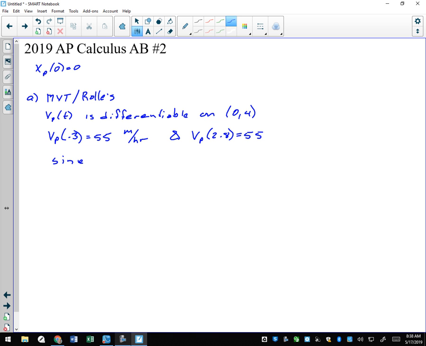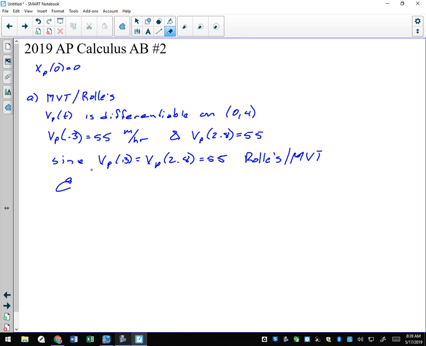So since V_P of 0.3 is equal to V_P of 2.8, and they both equal 55, Rolle's theorem, or you could say mean value theorem, guarantees that the derivative of velocity must equal 0 for some t.